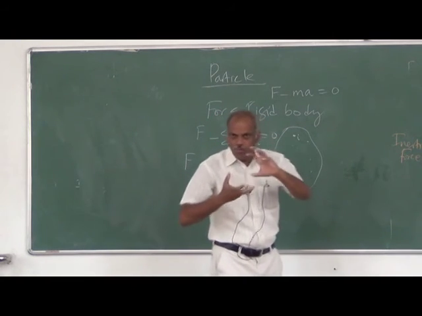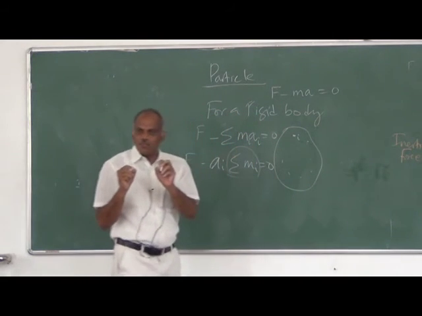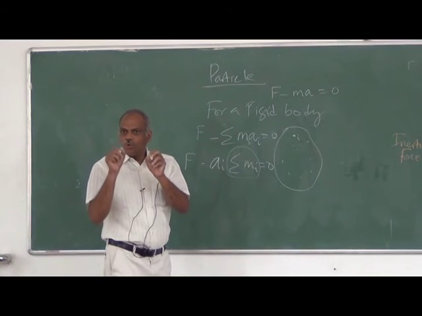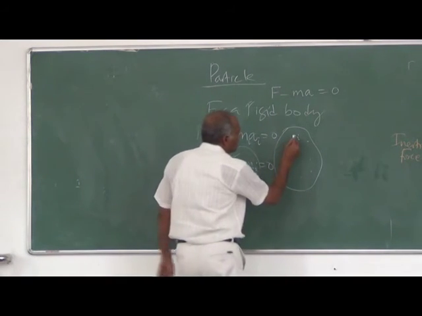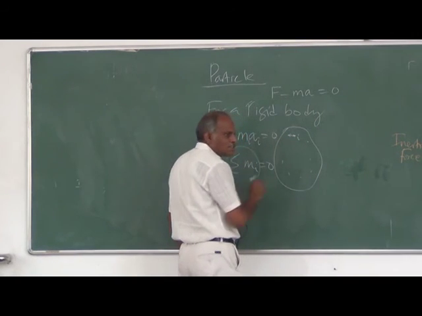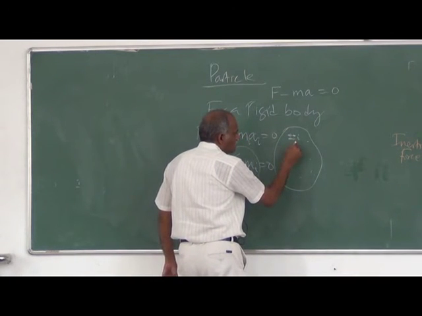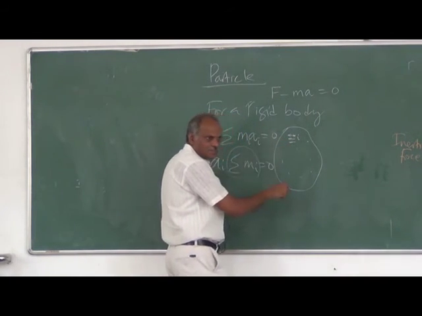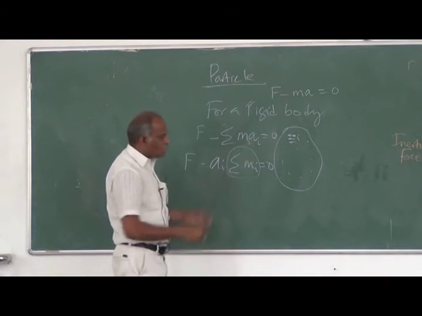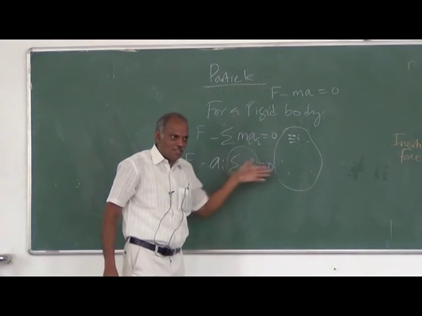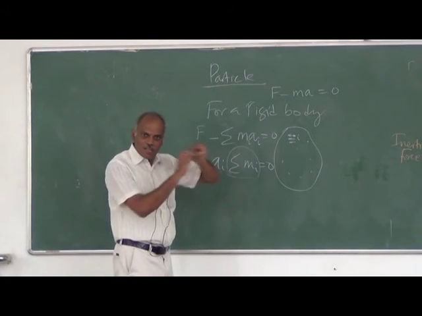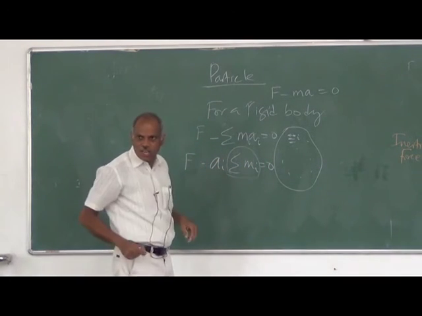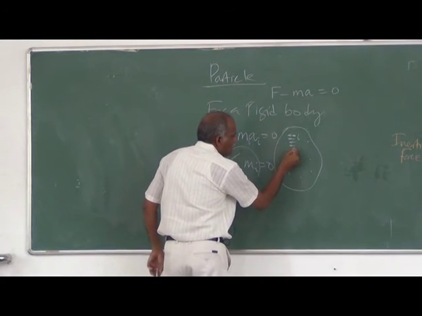So you take a rigid body, it has a number of particles. When it is subjected to an acceleration, you will have an inertial force like this on each. All of them will be parallel, is it not? Because the acceleration direction is in one direction, all of them will be subjected to the same acceleration. That means the directions are the same. All these things will be parallel forces.